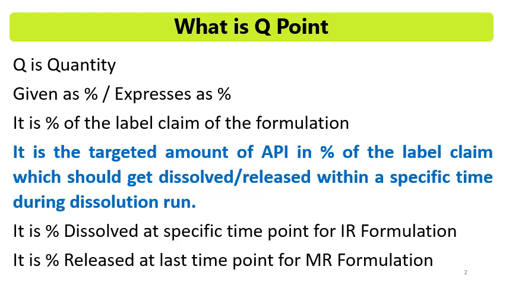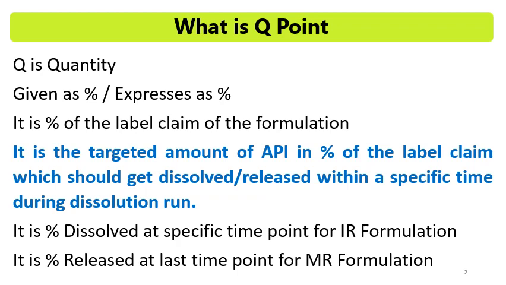For example, 2 hours, 3 hours, 4 hours or 8 hours. For some of these formulations, the last time point is considered as the Q point and the initial time points are considered as the range of dissolution or the medium time points.